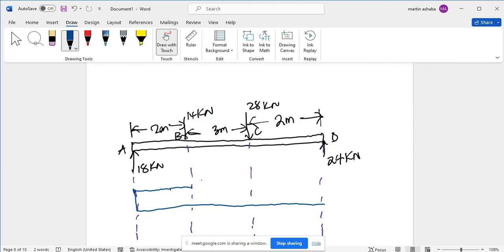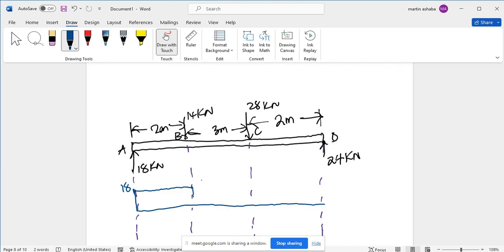Remember I have come with 18, which is constant. I will draw a horizontal line to show you that it is constant up to B. When I reach B, I meet a force of 14 kilonewtons, so I am going to move by 14 kilonewtons downwards.